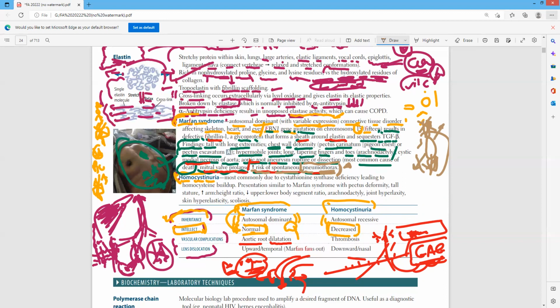It's not inside its proper position. This is called subluxation of the lens. This is very important.